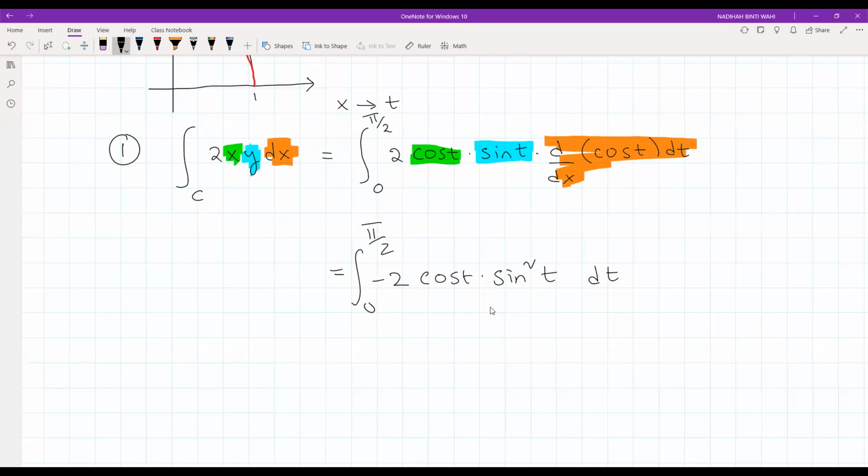Okay, so saya boleh buat apa dia ni? Saya boleh guna substitution. Okay, so you can say like u equals to sin t, so du equals to sin squared t. So tak nak guna sin squared.